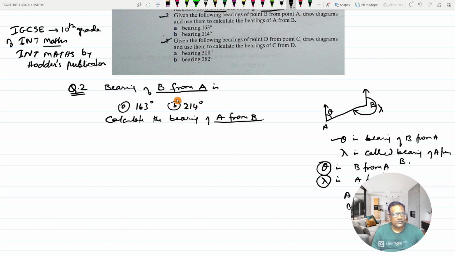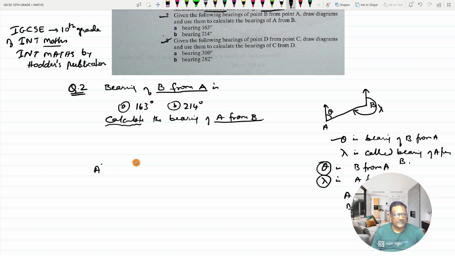Now how to solve this particular question? Basically there are two methods in this. Now they have asked you to calculate. To calculate, you take any 1 point, say A. Now bearing of B from A is given.